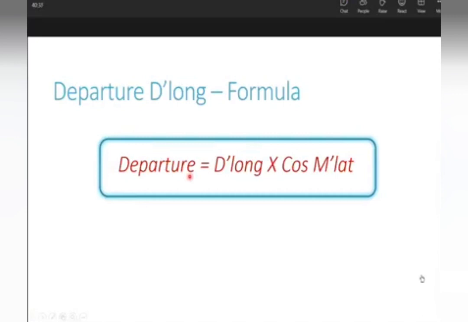Likewise, when we are reading off any east-west distance from our plot, we will always get the departure and we will have to convert it to D long using the same formula. Any east-west distance entered in the plot should be the departure, and any east-west distance picked up from the plot should be the departure. It should be converted to D long for our use.